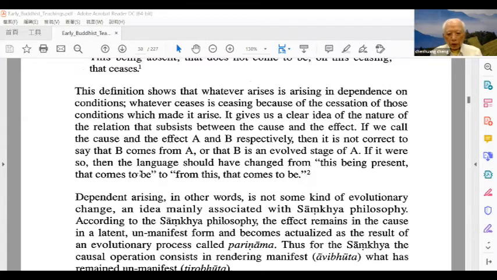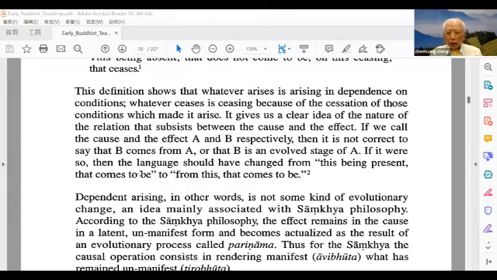"This being present" is a plural form of many conditions. Because of many conditions, that comes to be, and the same number of effects come to be. That is also a plural form. It is not a singular form, but a plural form. However many conditions there are, that many effects there will be.